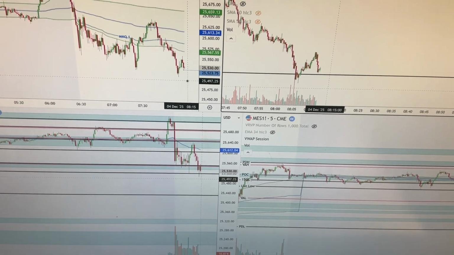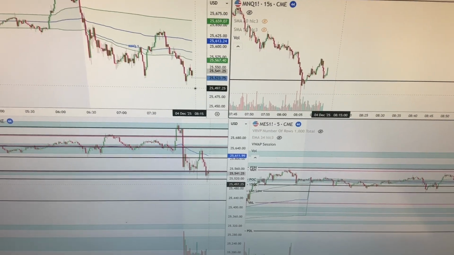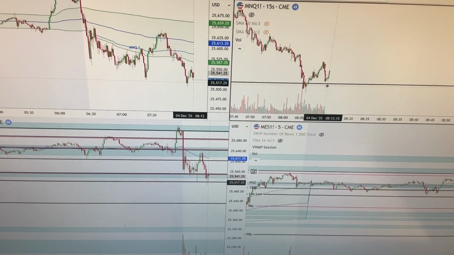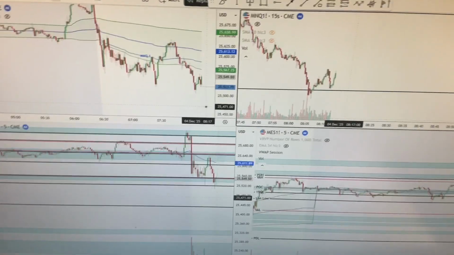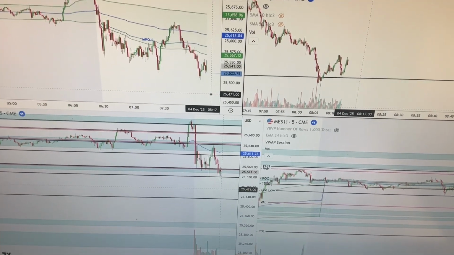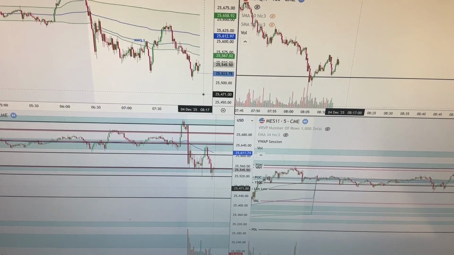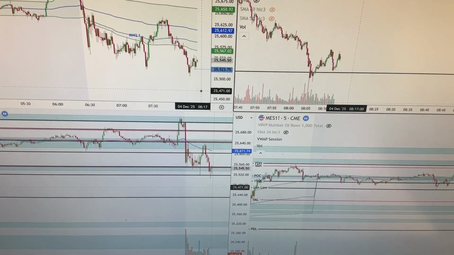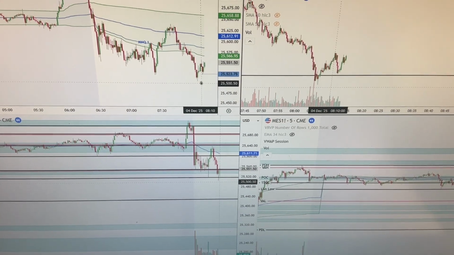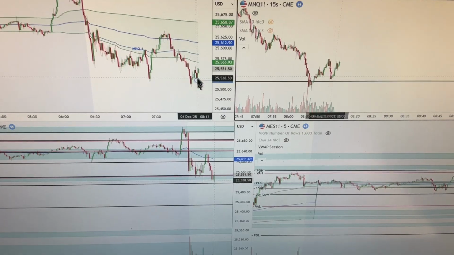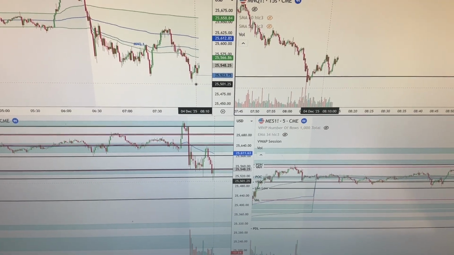And that's how it would have looked in real time with the 15-second chart here. And then we're off to the races. So you really have to be anticipating and ready to pull the trigger, because when it does happen, it happens fast.